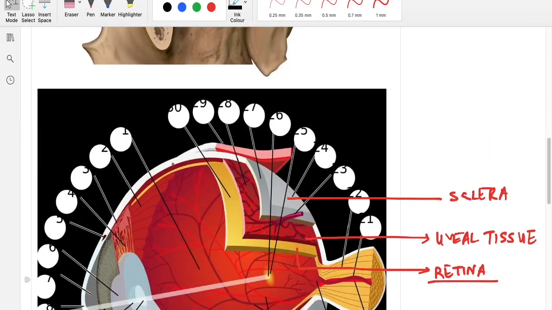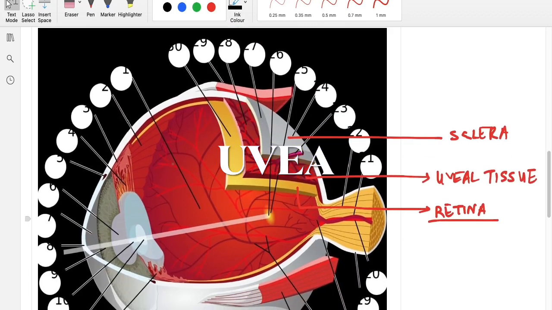And again, the second layer is the uvea, as I told. Inside the sclera, if you peel open the sclera, you will see the second layer, that is the uvea. And if you peel open the uveal tissue, you will see the third layer, that is the retina. Just a side note about the retina: the retina does not cover the whole of the uvea.